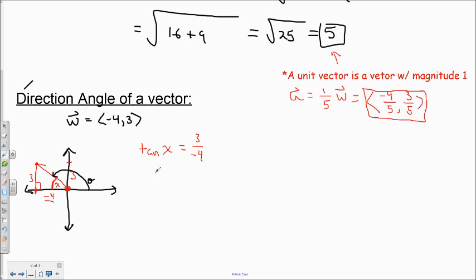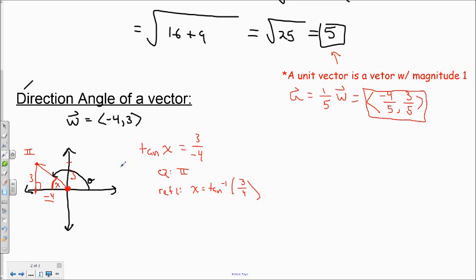To determine what x is, I'm going to note my quadrant, and I'm in quadrant 2. That's where the terminal side of my vector is. And my reference angle, x, would be equal to the tan inverse of the magnitude of the ratio, which is 3/4.